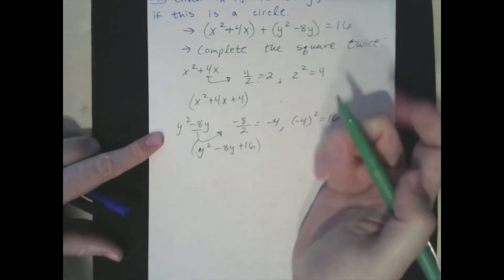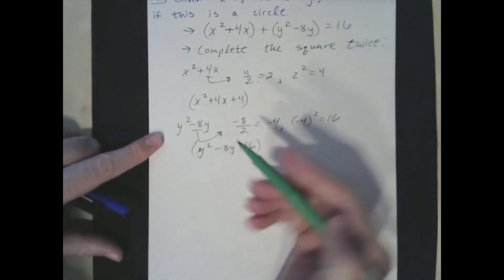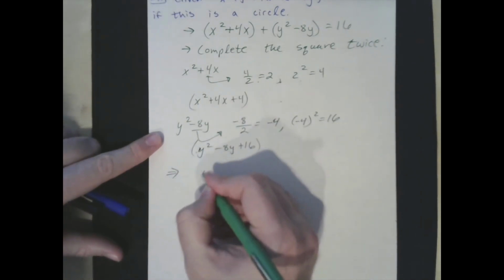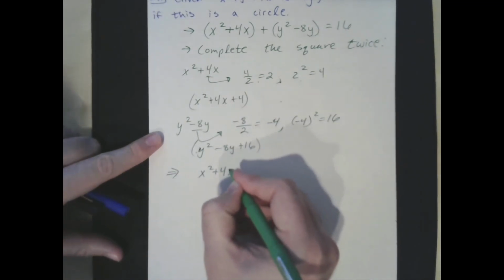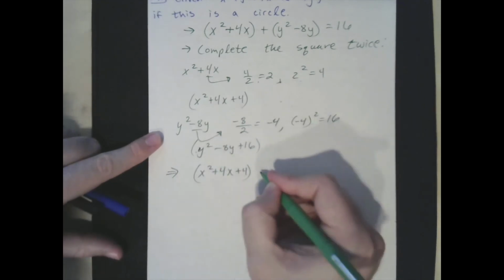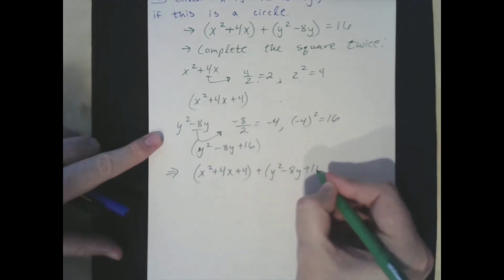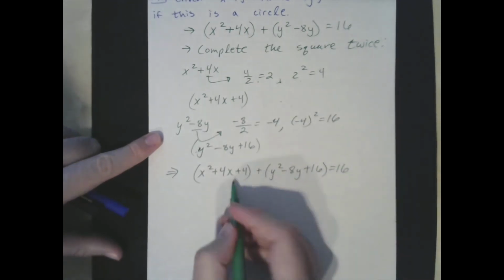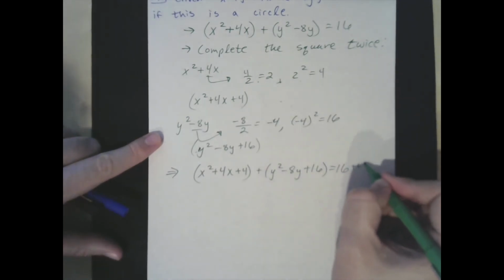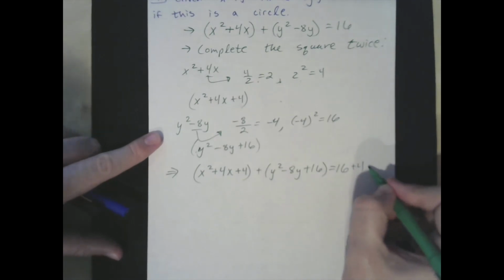So to turn our equation that we had into this, we have x squared plus 4x plus 4 plus y squared minus 8y plus 16 equals 16. Now we added 4 here, so we're going to add 4 here. We added 16 here, so we're going to add 16 here.